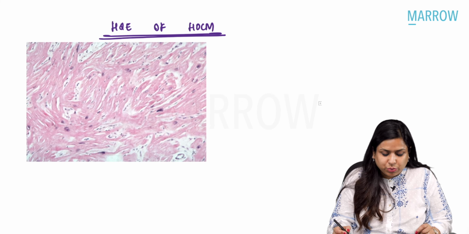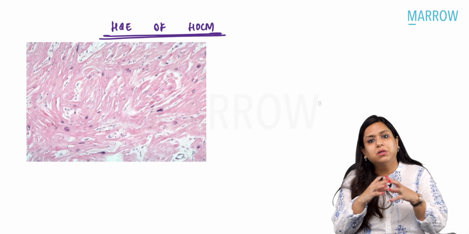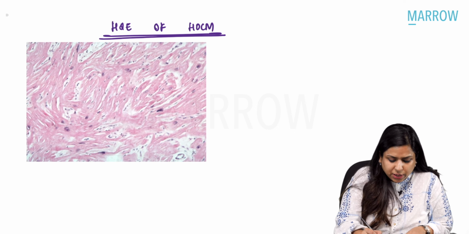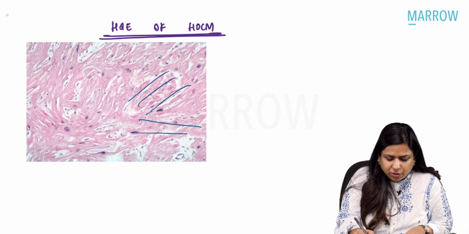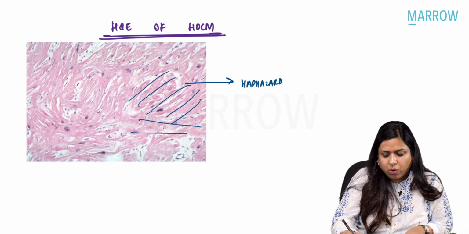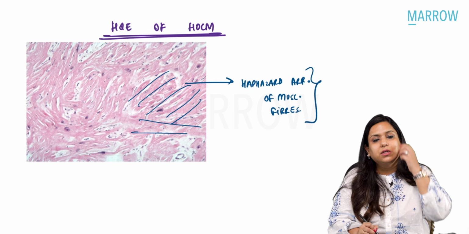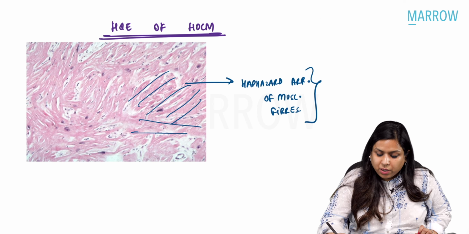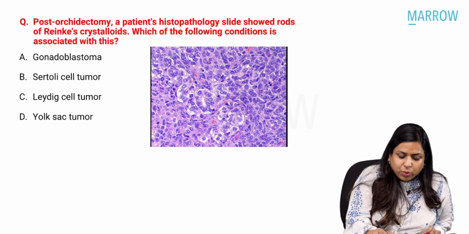On biopsy, students, this will show a helter-skelter arrangement of the muscle fibers. In this image, can you see the haphazard arrangement of muscle fibers? So, this is called a helter-skelter arrangement or a haphazard arrangement of muscle fibers. Done, students? Easy? Okay. Next question.